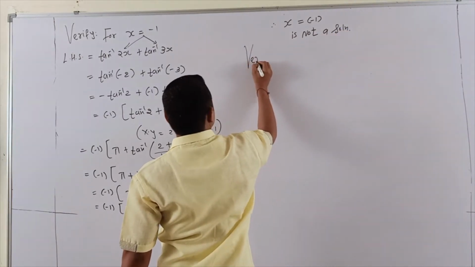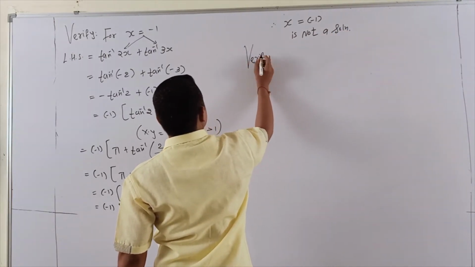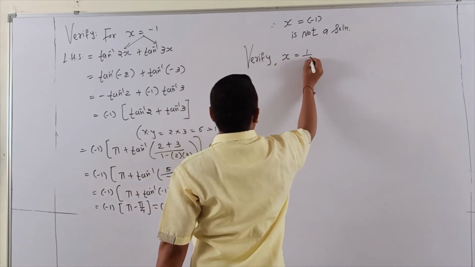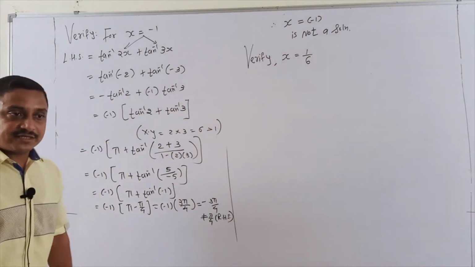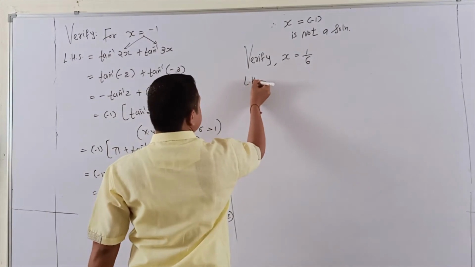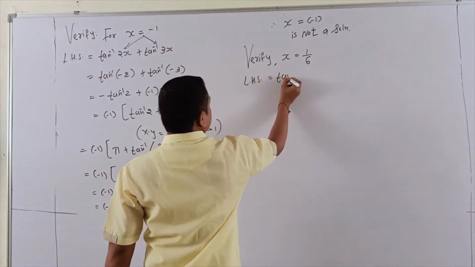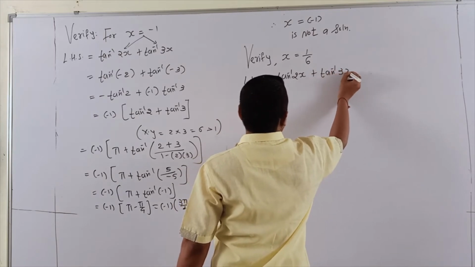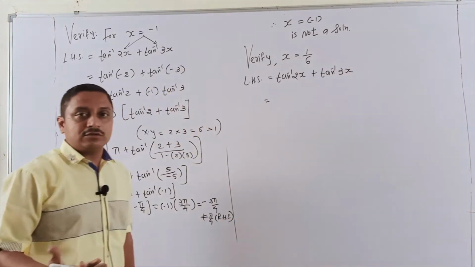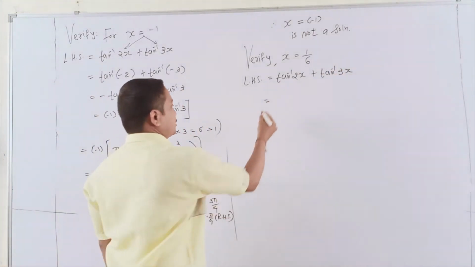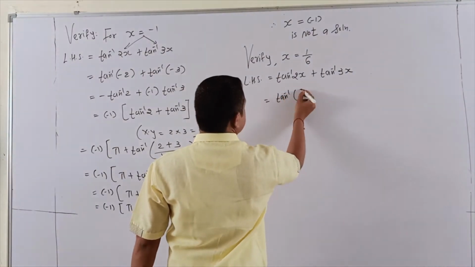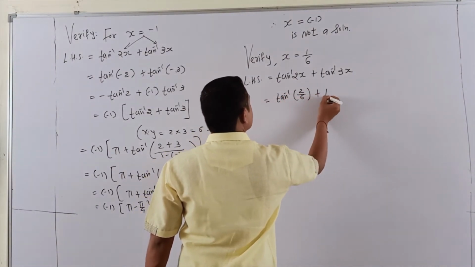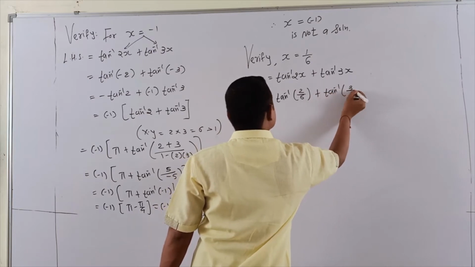Now continue verification. Next answer is x is equal to 1 by 6. Apply at LHS: tan inverse 2x, tan inverse 3x. Apply 1 by 6, so 2 by 6 and 3 by 6.